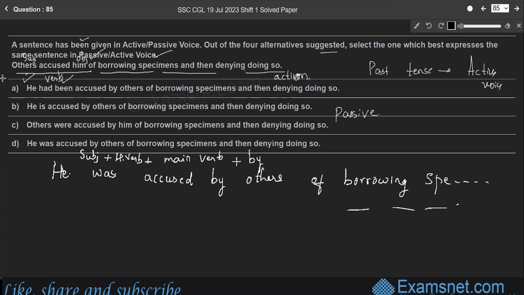Only focus on the tense of the sentence, which is simple past tense. Others accused him is the main part of the given sentence, whereas the second part is only the action of the sentence. Therefore, the passive voice form is option 4. He was accused by others of borrowing specimens. Option D is the right answer.